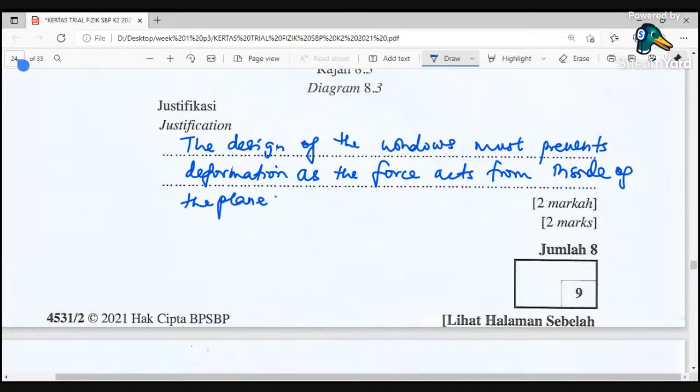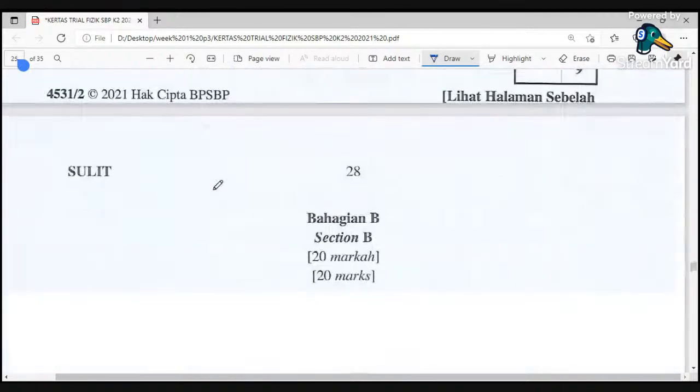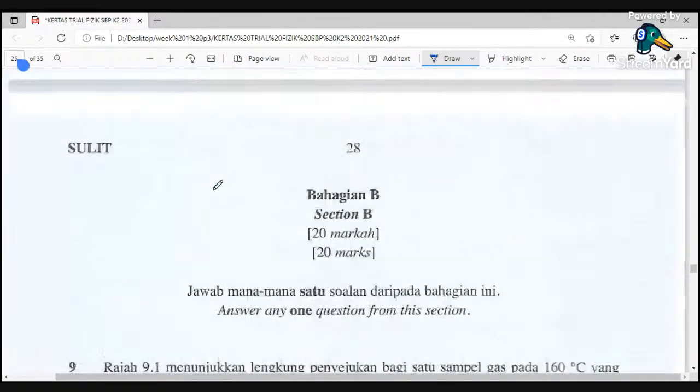From inside to outside. Okay, so it produces a greater force acting from inside on the airplane compared to force from outside. Okay, so it will maintain the shape. It does not cause the wall of the plane to deform. Okay, that one is for section A.